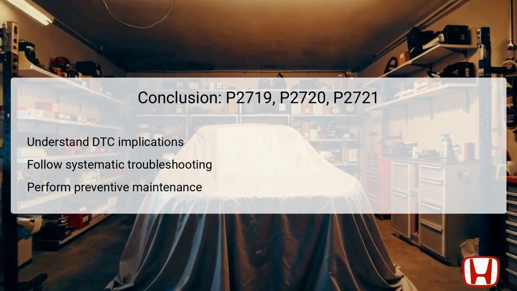Following a systematic troubleshooting approach can effectively isolate and address the root causes of these trouble codes. It's important to remember that the issues identified are often electrical in nature, allowing for targeted repairs and potentially reducing downtime.